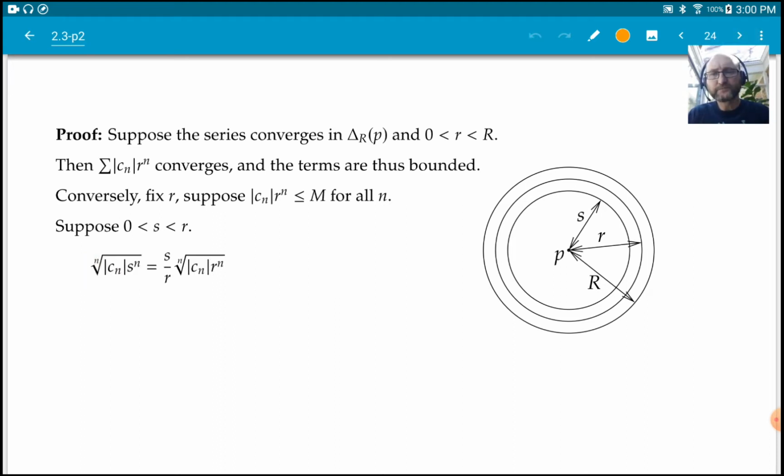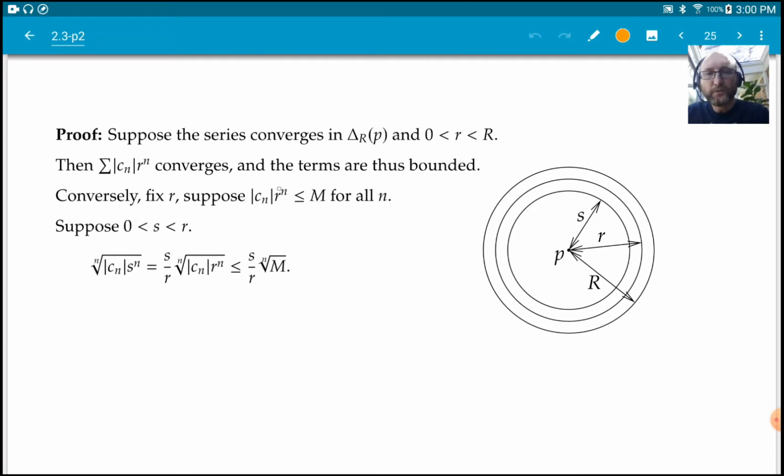We really want to talk about r, so let's put an r in there. That means that I have to pay for it. So I can replace the r with an S, but I have to pay for it. I have to put the S over r in the front.